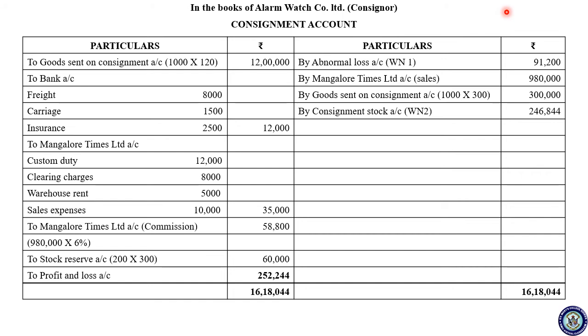If you have done it right, then you go for the next ledger account, that is the consignee's account, Mangalore Times Limited. If you made any mistake, you correct it, then you move to the next one. I will give 5 minutes to prepare the next ledger account, so do it fast.